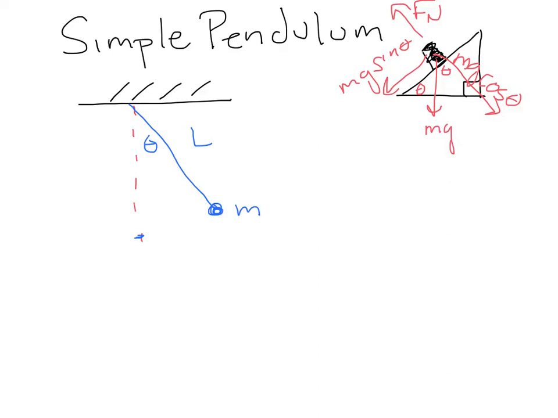I would like to say that this situation, if the angle theta is very small, is analogous to this guy sliding down a plane. All right, he's going to have his weight going down, and if you'll allow me to extend that and extend this, I could convince you that theta was right there.